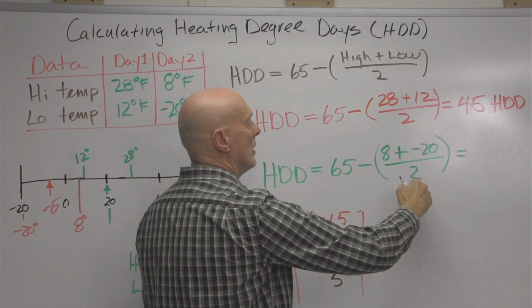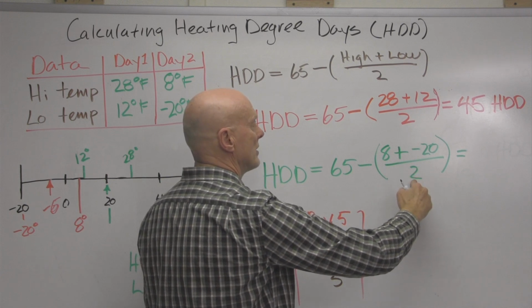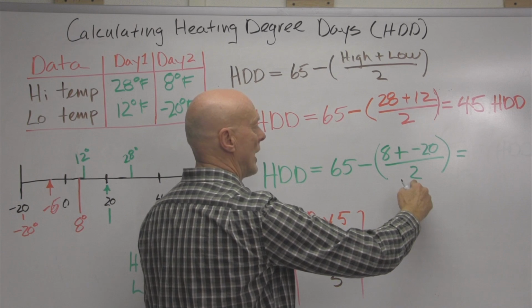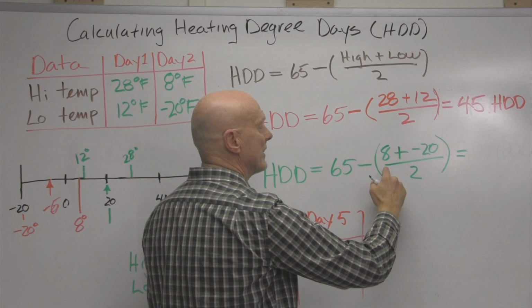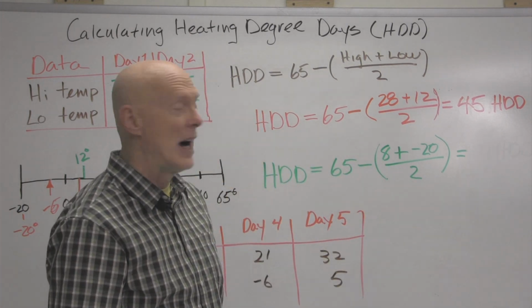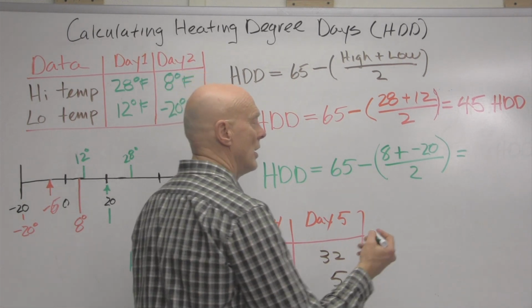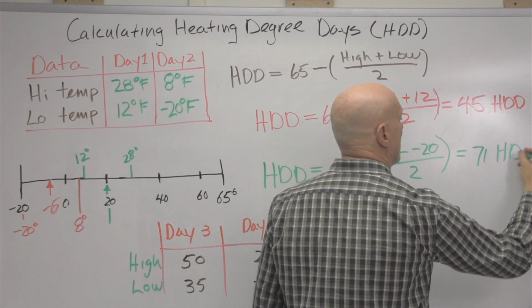Minus 12 divided by 2 is minus 6. Now 65 minus a minus 6 is actually 65 plus 6, which is 71 heating degree days.